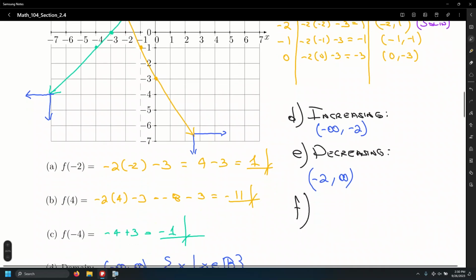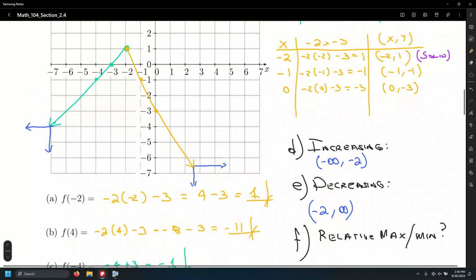Let me do relative, okay, relative max or min. Which one do we have? Do we have a maximum value? Do we have a minimum value? And since it's only one, it's both relative and absolute.